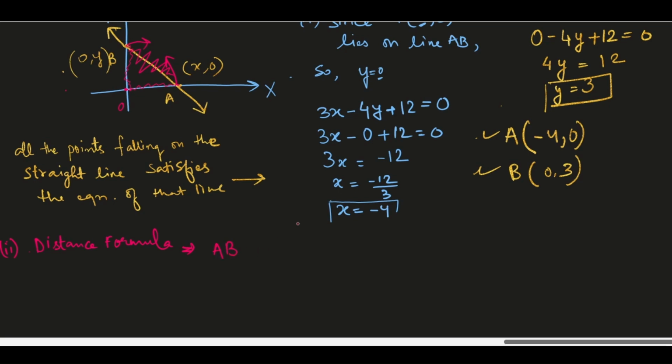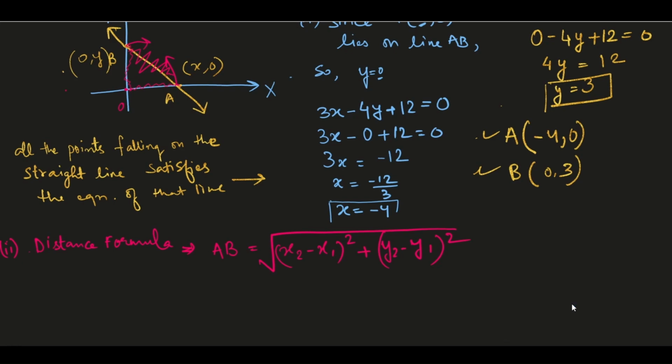The distance formula for AB is equal to x2 minus x1 whole square plus y2 minus y1 whole square, and then under root of the whole thing.